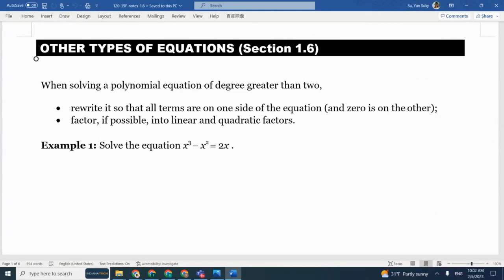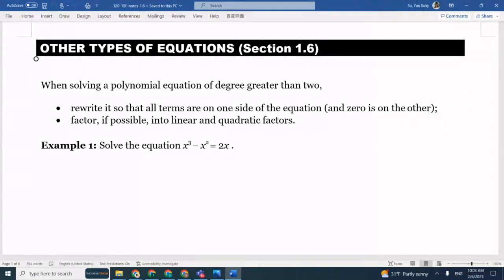One is by factoring, the other one is by the quadratic formula. Do you remember the quadratic formula? Negative b plus or minus square root of b squared minus 4ac, over 2a. Right, everybody? Make sure you can memorize it.